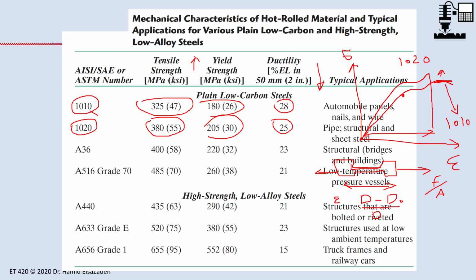So this 1010 has a lower strength with a larger ductility, meaning it can be stretched more, but the other one has a shorter ductility. This length means it can stretch less, but the amount of strength went up.